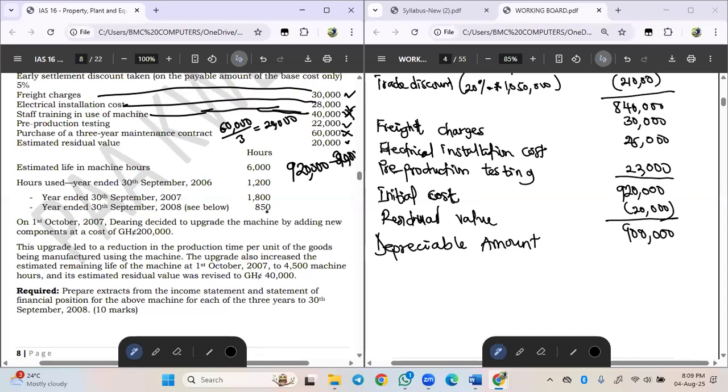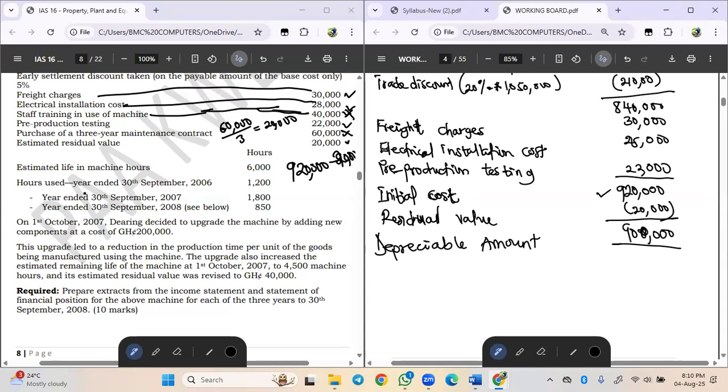So let's move on. This is the amount you are going to use for depreciation, but this is the initial cost of that asset, the 920,000.